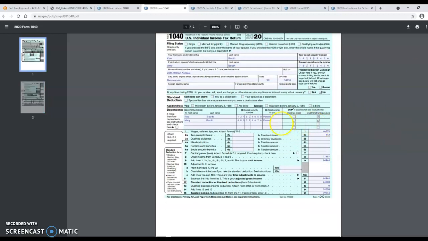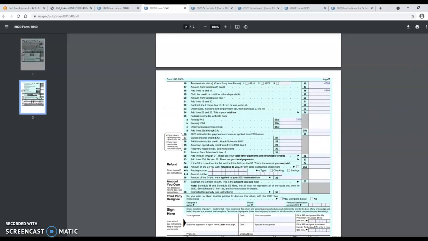Remember that there are these 2 other dependents. There's $500 apiece for those. And so that is $1,000. And we can subtract that. That's 3360. Line 20 is Schedule 3, line 7. We don't have anything for that.